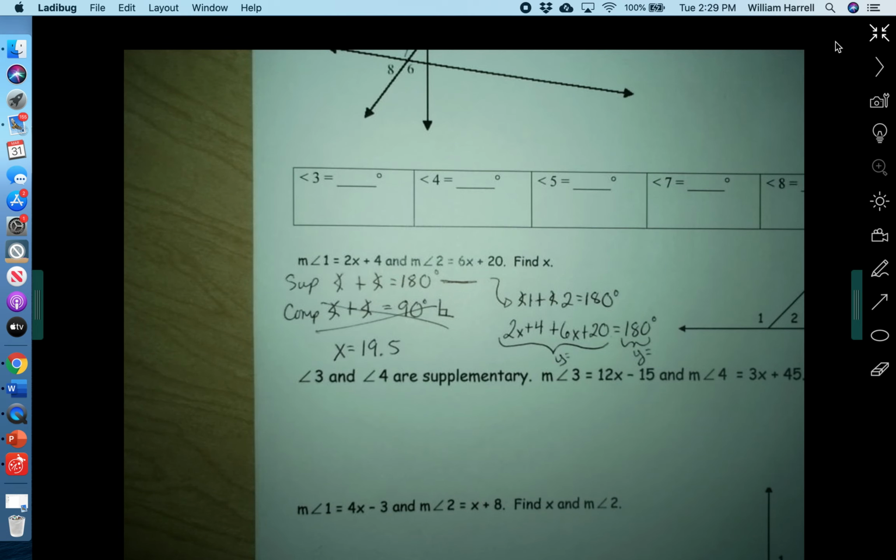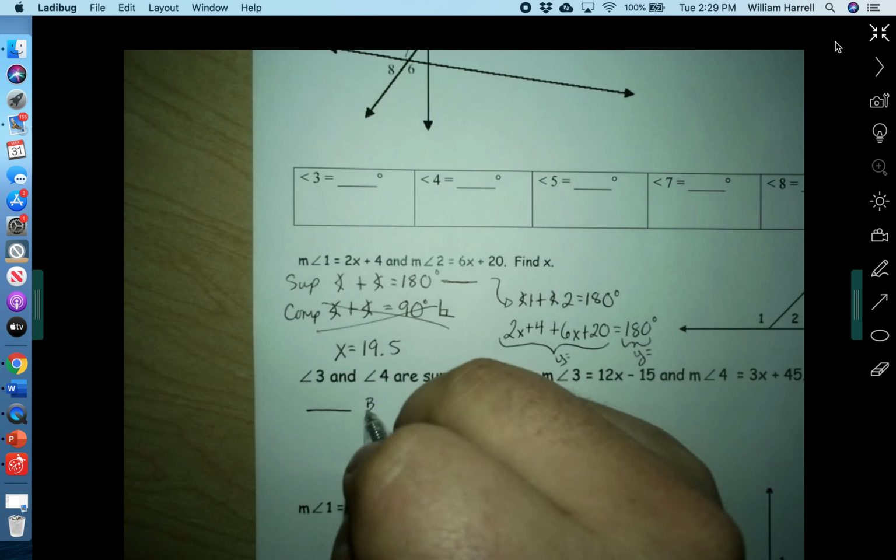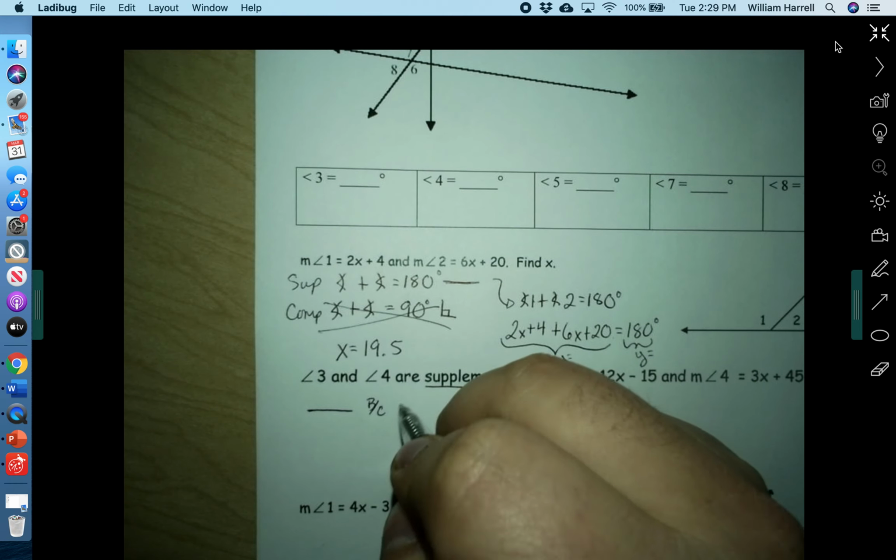Okay? So, for the next one, first thing, as a result of the problem, are the angles going to make a straight line or a right angle? They're going to make a straight line because I see supplementary.